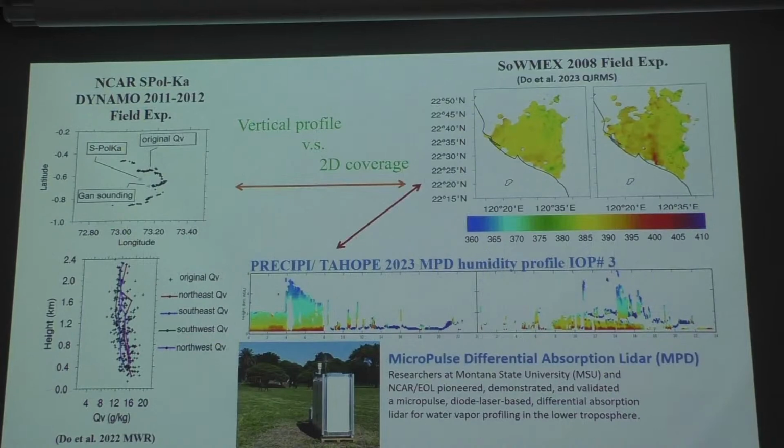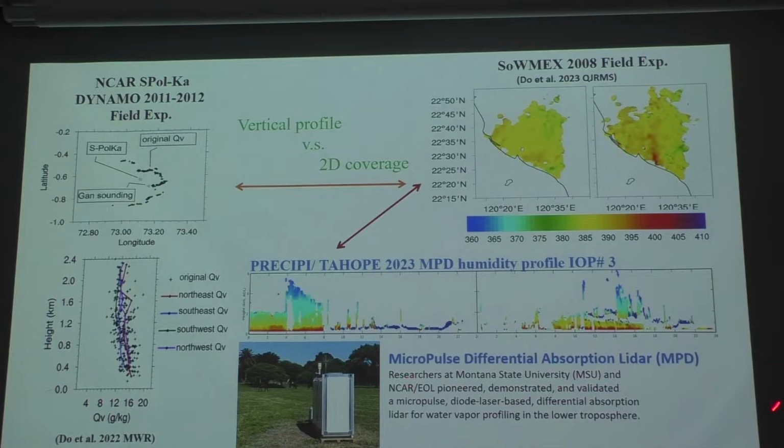Well, last year we had the Tahoe International Field Campaign. We had an opportunity to combine radar-derived refractivities with a micro-pulse differential absorption LiDAR, although we don't have the dual wavelengths from S-band and Ka-band.